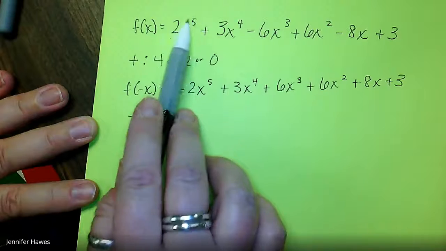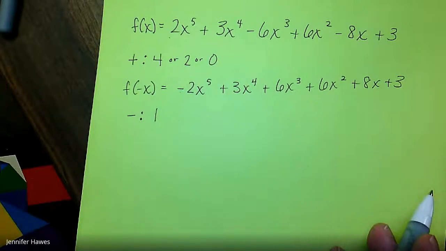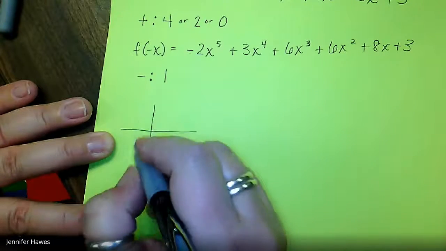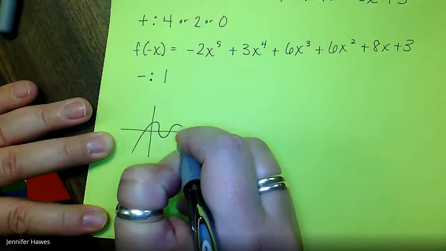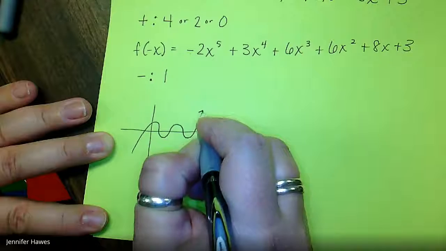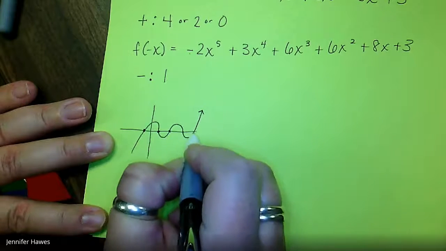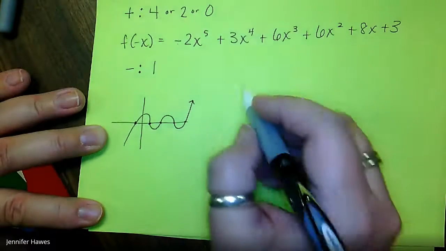Now, why does it go down by 2? This is to the 5th, so my degree is 5, which means the graph is going to be odd, an end behavior like a disco. So you could have one negative and 1, 2, 3, 4 positive. My graph can look like this.